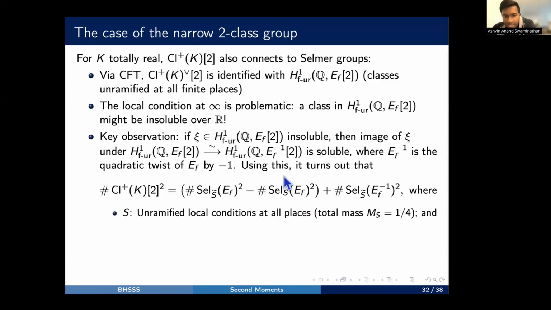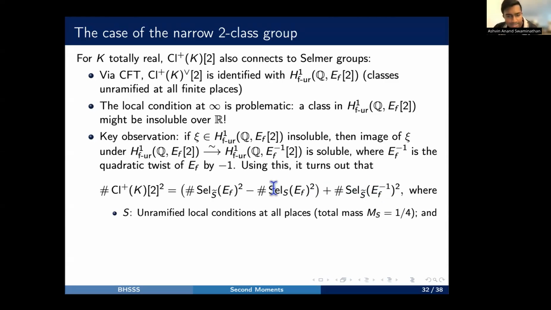And then using this trick, we can actually write the square of the narrow 2 class group in the following way. So it's a sum of 2 terms. First term is the difference between the square of this generalized Selmer group for S tilde minus the square of the generalized Selmer group for S, plus the square of the generalized Selmer group for S tilde applied to EF twisted by -1.